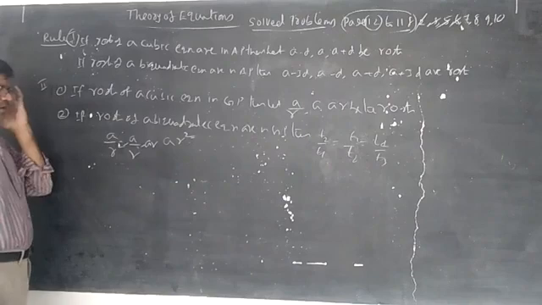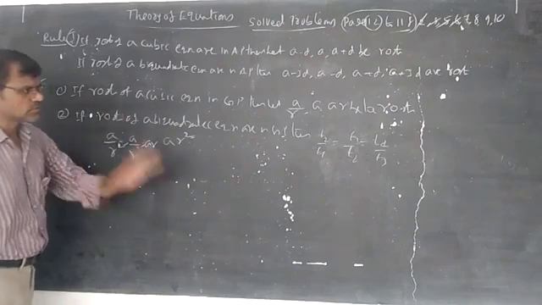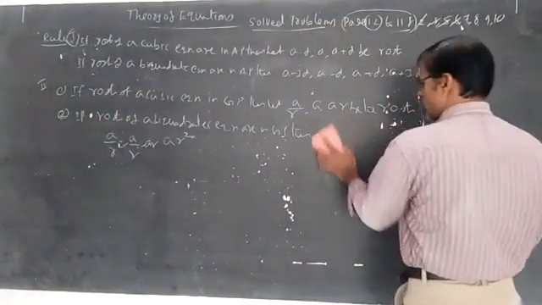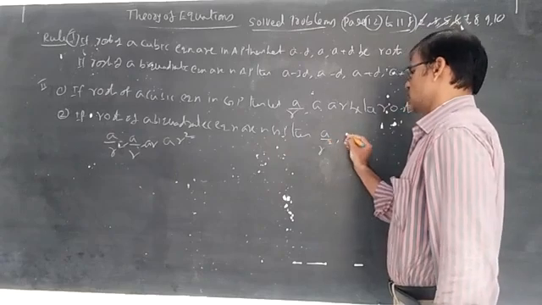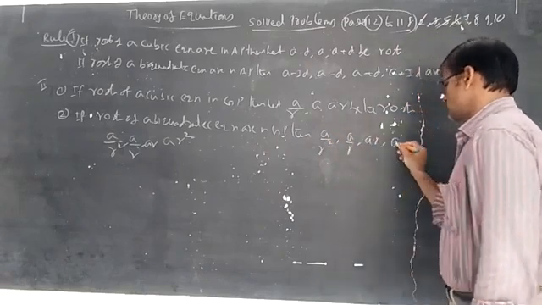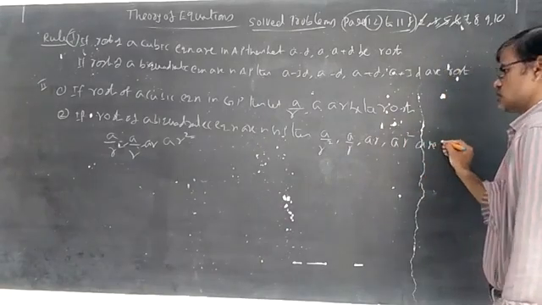A by r square, a r, now whenever we are multiplying a by r square, a r, it is better. So if roots of a biquadratic equation are in GP, then you write here a by r square, a by r, a r, a r square are roots.